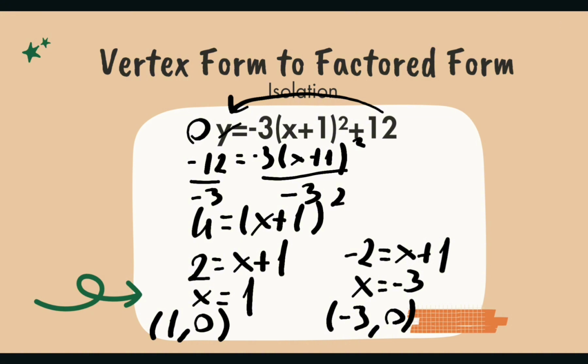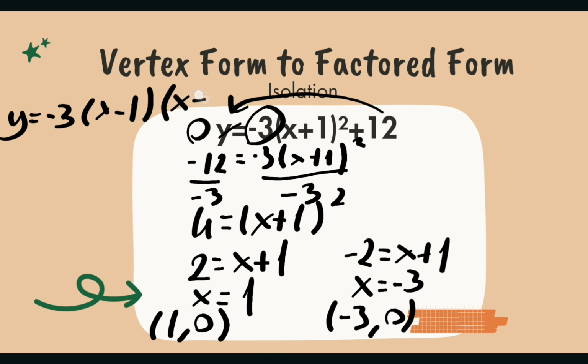Our a was minus 3, and our new equation's a will be minus 3 again, and we will multiply with it, so minus 3(x minus 1)(x plus 3) will be our factored form.